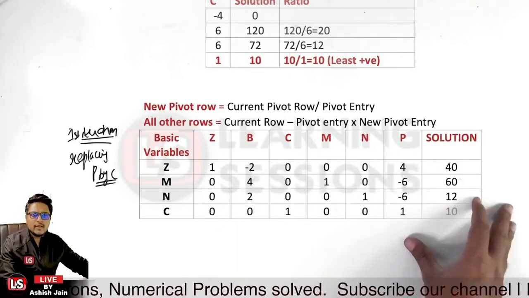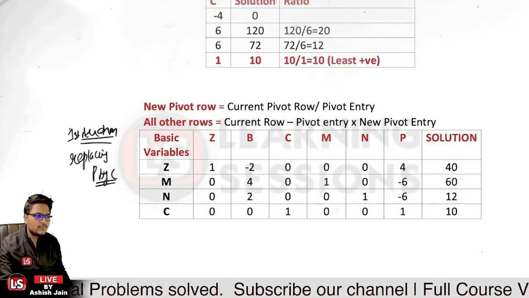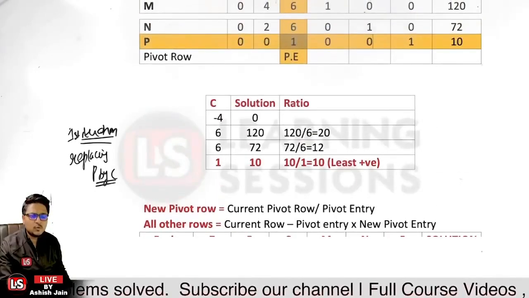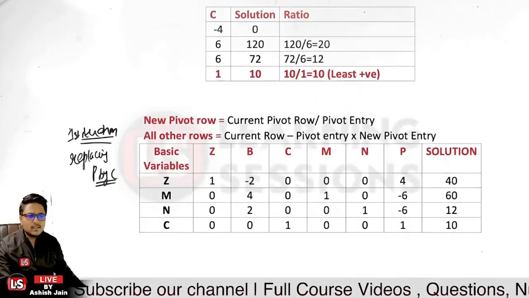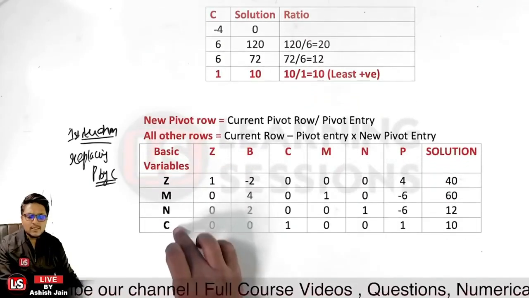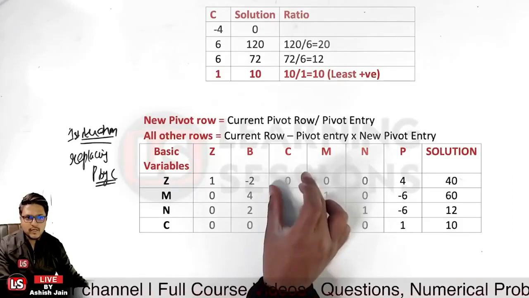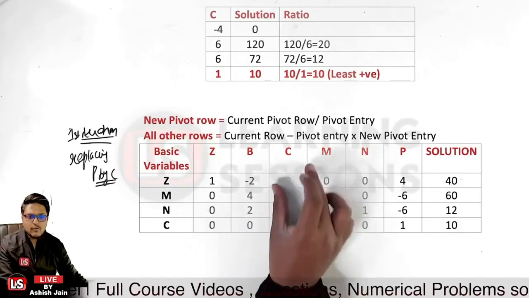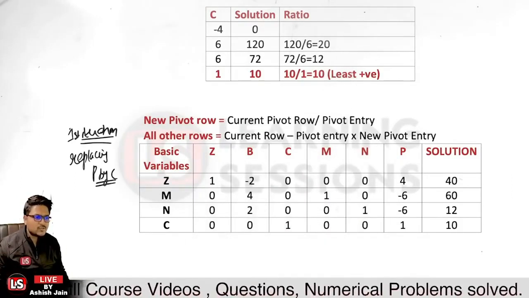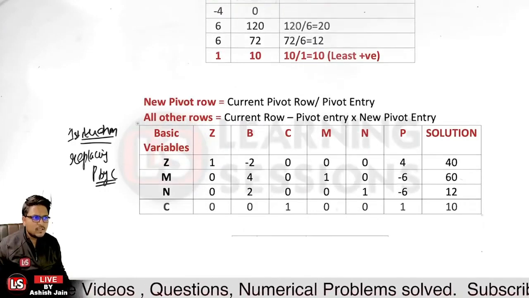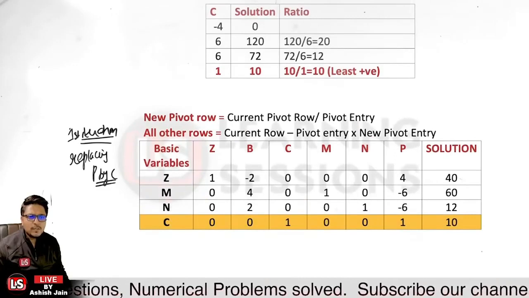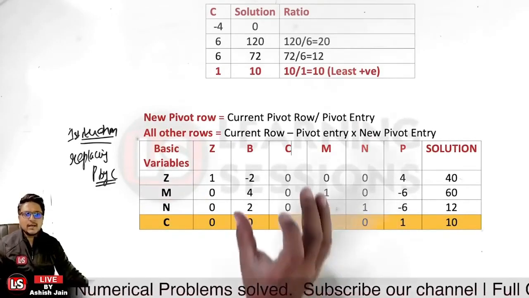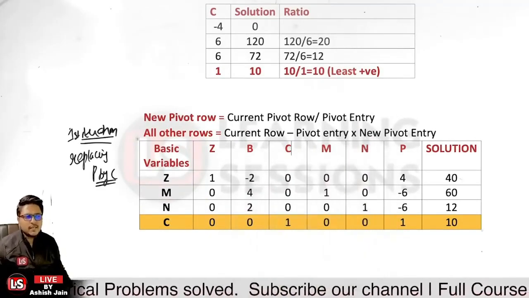For the pivot row, I just told you that we'll be replacing it with C. This was the pivot row, and for the pivot row, the rule says: the current pivot row divided by the pivot entry.